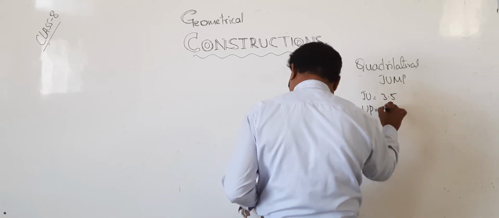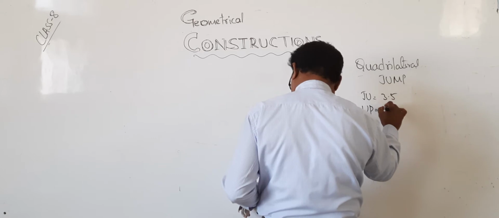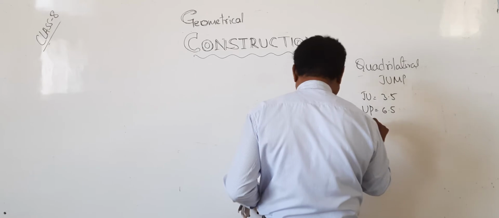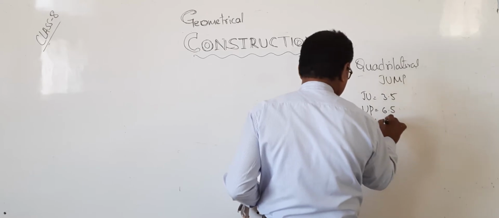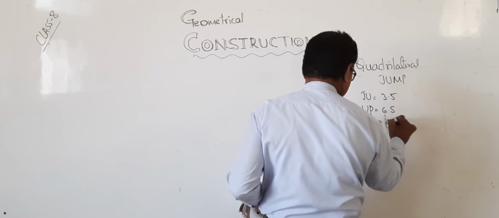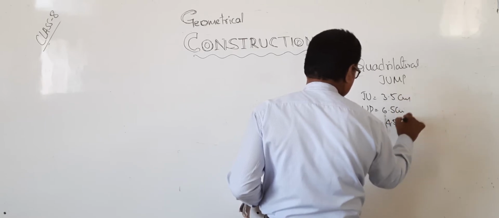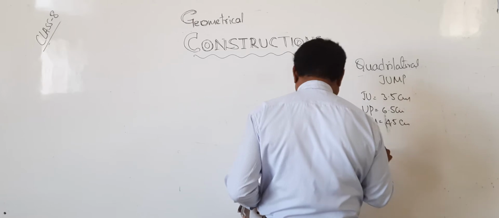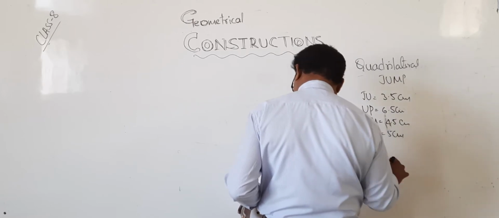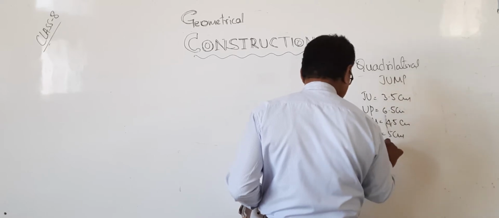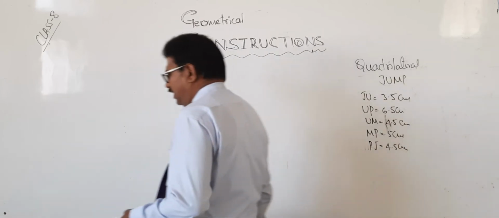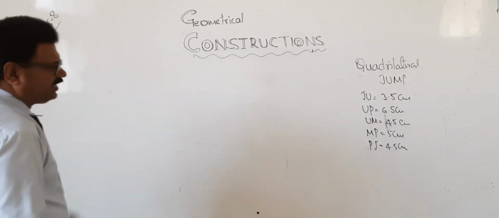UP 6.5, UM 4.5, MP 5 centimeters. Next, PJ 4.5 centimeters. Already I told you to construct a quadrilateral.